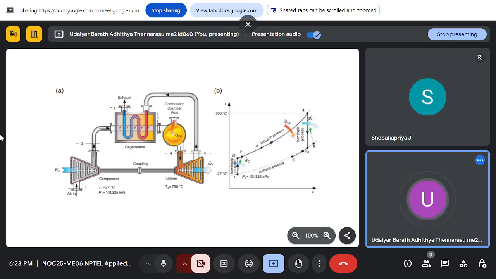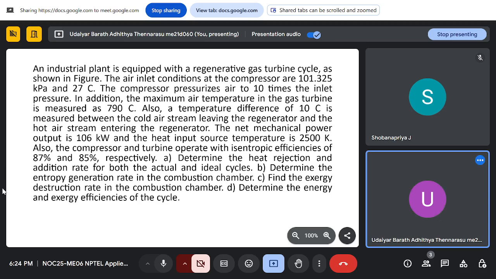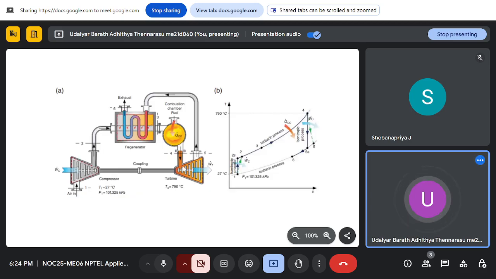So this is how the cycle looks. Okay, so I already have it here. So this 2 to 6 is given as 10 degrees Celsius difference, and then your inlet temperature is known and the pressure ratio, so 1, ideally it should go to 2s, but we have inefficiency here. So the compressor is 87% efficient and turbine is 85%, so you will go to 2 and then it will get heated in the regenerator to state 3.